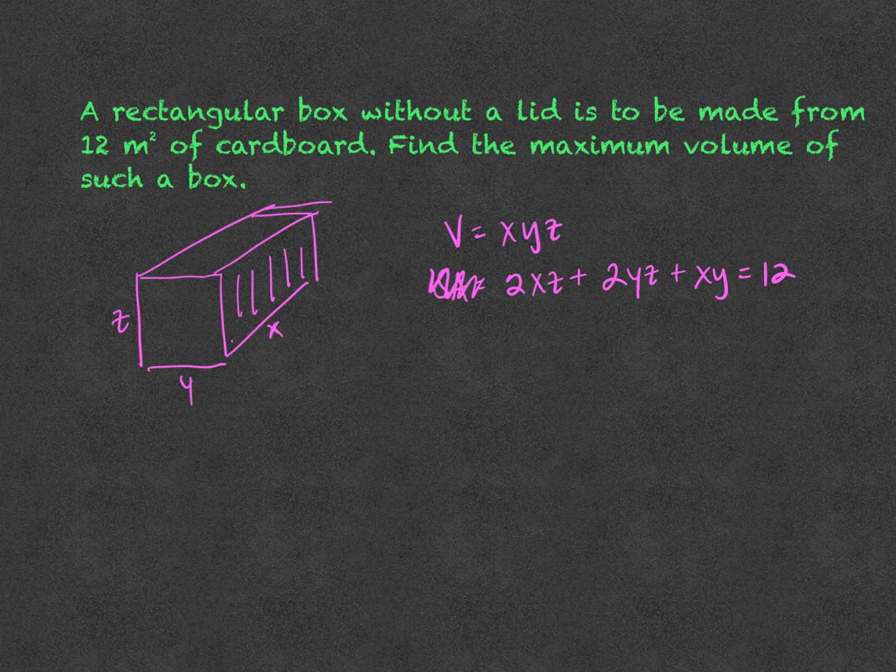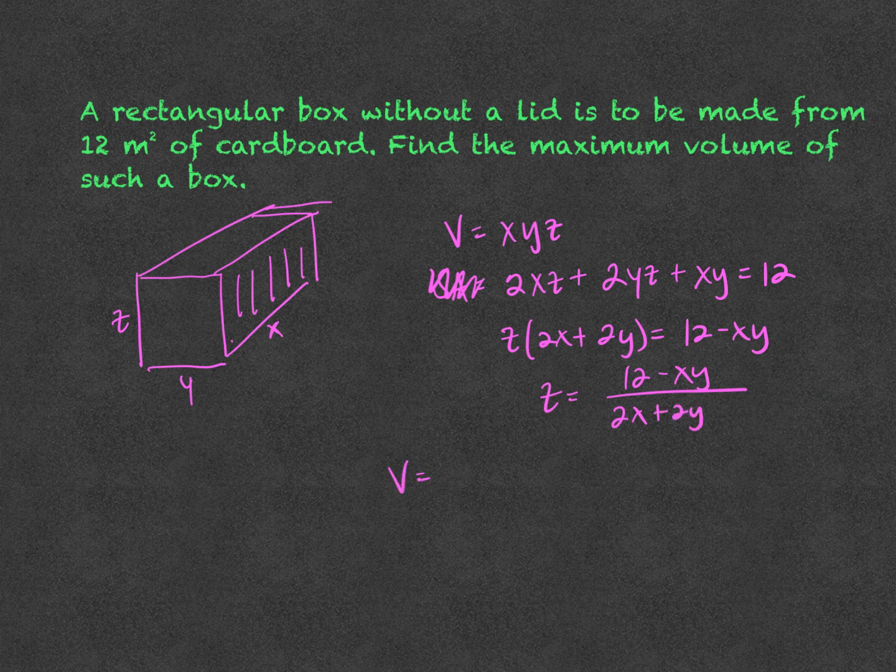So the problem is when we look at partial derivatives, we do better with two variables. So let's solve this equation. Let's solve the second equation for z. So we're going to say 2xz. Let's factor the z out. And let's say that z times (2x plus 2y) is equal to 12 minus xy. So z equals (12 minus xy) over (2x plus 2y).